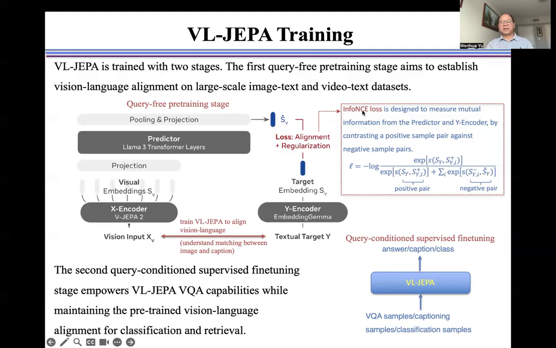The InfoNCE loss is designed to measure mutual information between the predictor and the Y encoder by contrasting a positive sample pair against negative sample pairs, as shown here. The second, query-conditioned supervised fine-tuning stage empowers VL-JEPA with VQA capabilities while maintaining the pre-trained vision language alignment for classification and retrieval, as shown here.